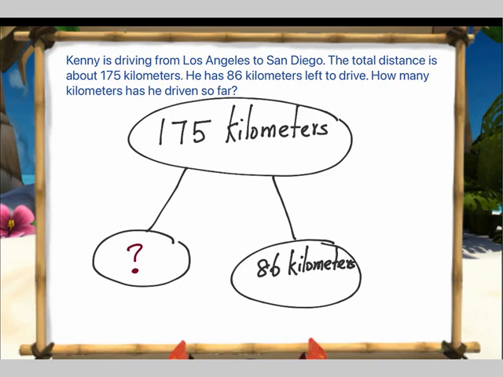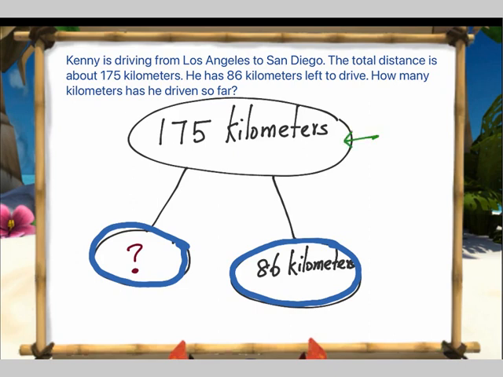So this is the total, and whenever we know one part of the whole, and we have to find the other part of the whole, so this is the whole, and this is a part, the other part we have to find.